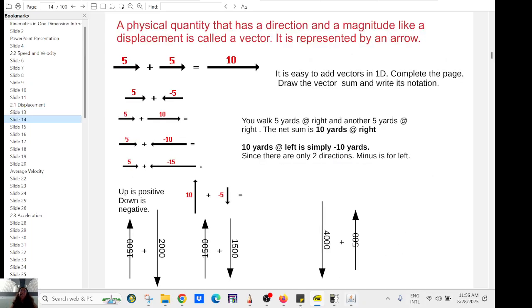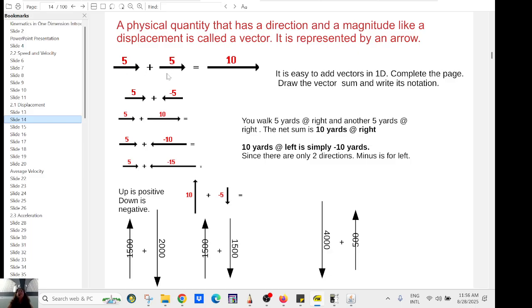Now you can add vectors. Okay? So for example, a force is a vector. So if you have two people pushing something, like a small car, you're at the gym, right? So you're pushing, and your friend is helping you pushing as well.